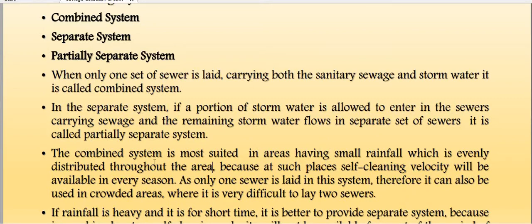Therefore this combined system is suited in areas where the rainfall is evenly distributed over the area, because at such places the self-cleansing velocity of the sewer will be available in every season. As only one sewer is laid in this system, it can be used in crowded areas, because the load on the sewer system will be very low due to the low concentration of storm water.